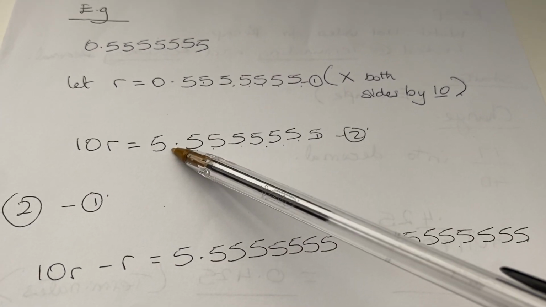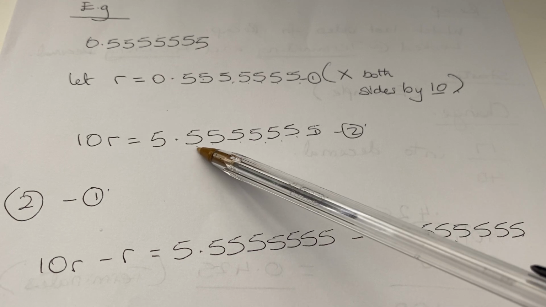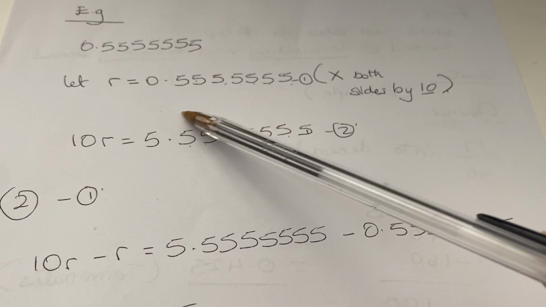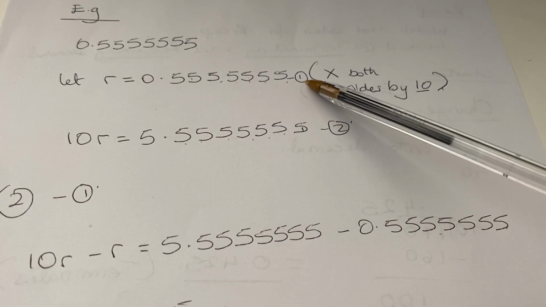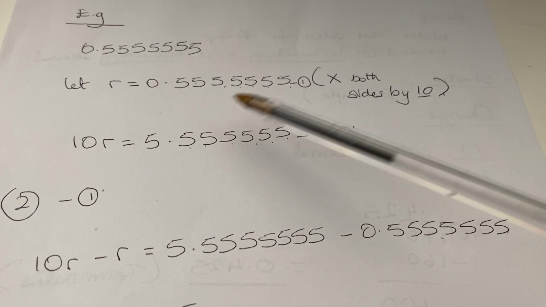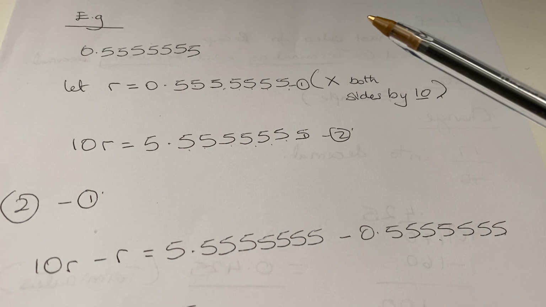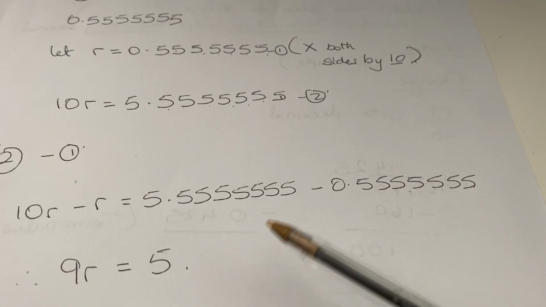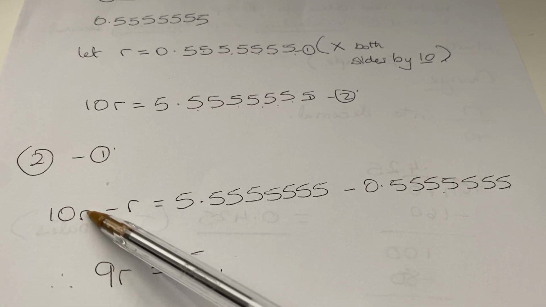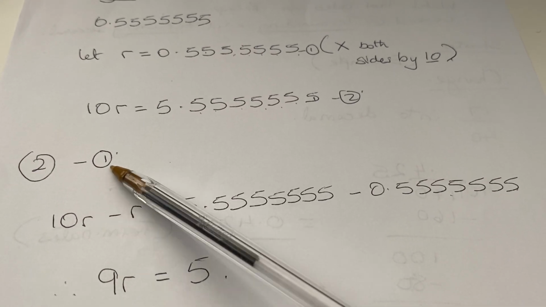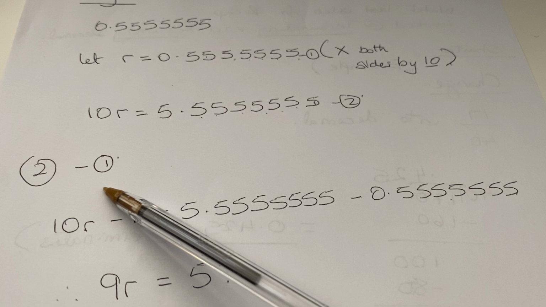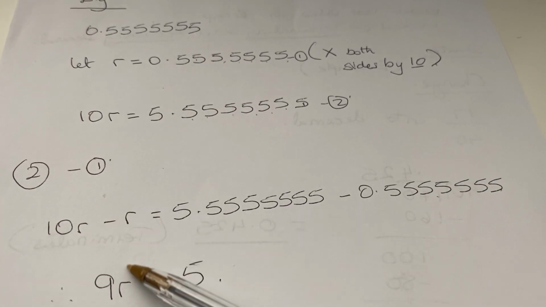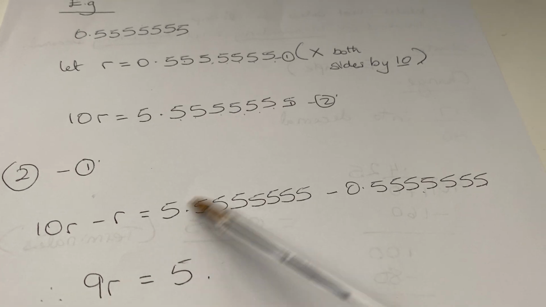Now look at this, 5.5555 minus 0.5555. All these 5s are going to be off, so I only have the 5 here. So 10r minus r will give me 9r.